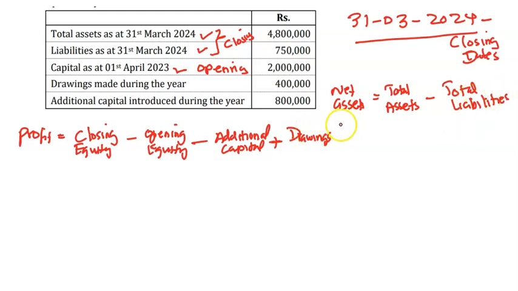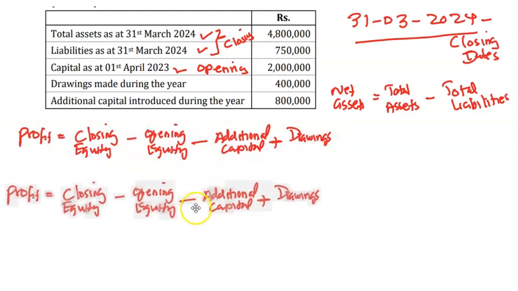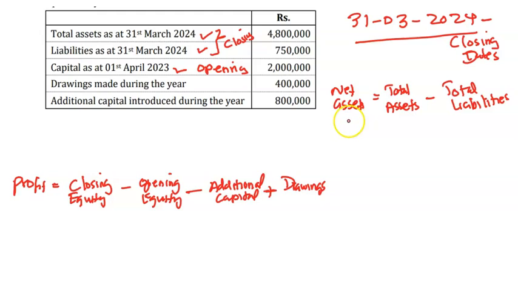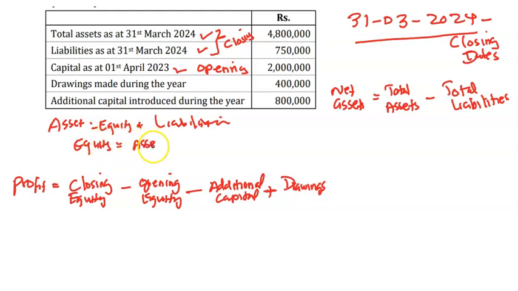Or else you can use another equation for this: you know that assets equal equity plus liabilities. If you make equity the subject, it will be assets less liabilities. So both are the same, right?